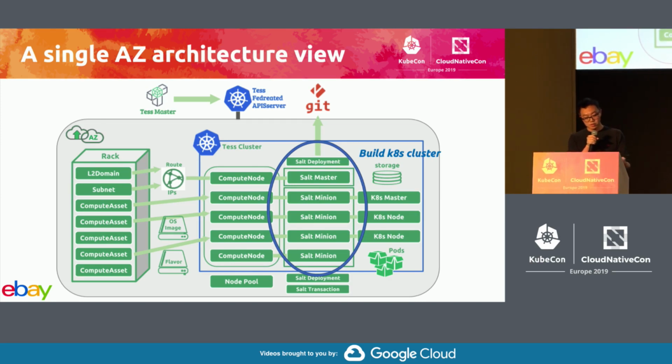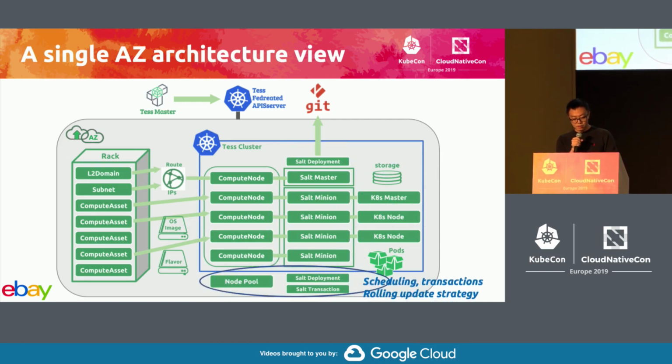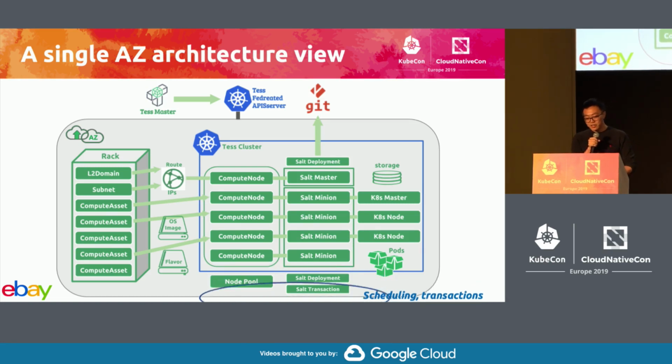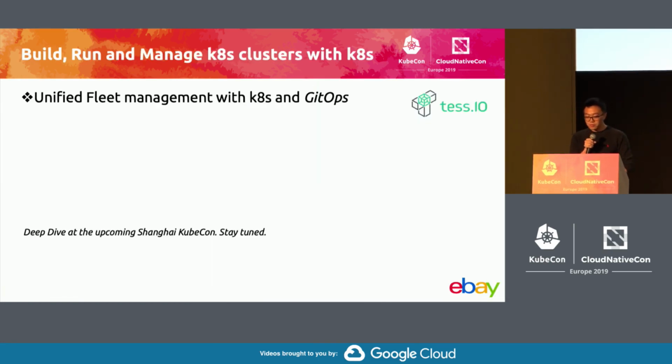Some of them are masters, some of them are nodes, and that's how we build a Kubernetes cluster. There are also other controllers that do scheduling, transactions, and rolling updates. I won't go further into the implementation details, but I'm going to have a separate session to deep dive into this at the upcoming Shanghai KubeCon.